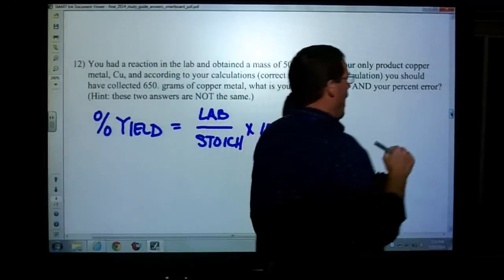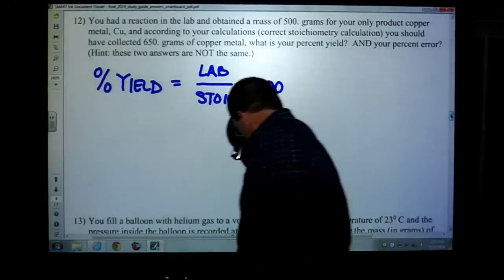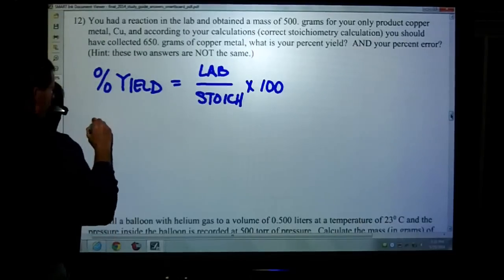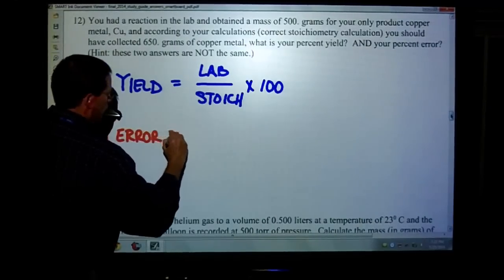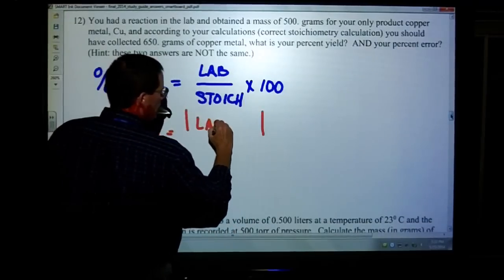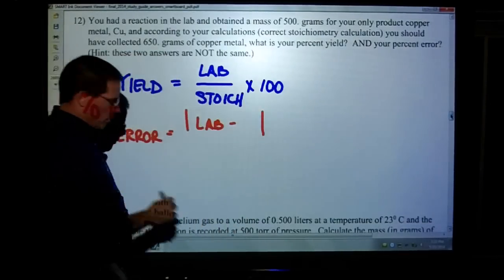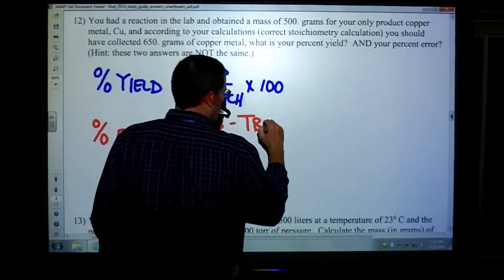The percent error, okay, is a totally different thing. So percent error is the absolute value of what you get in the lab minus the true value.